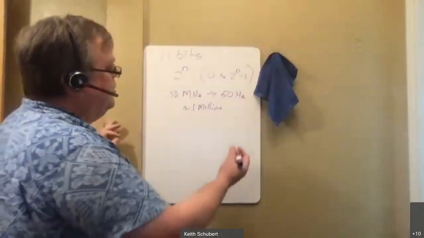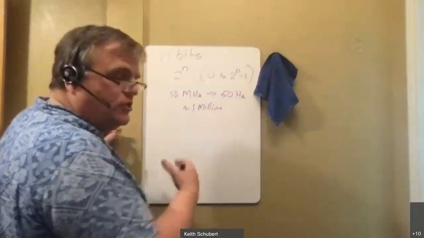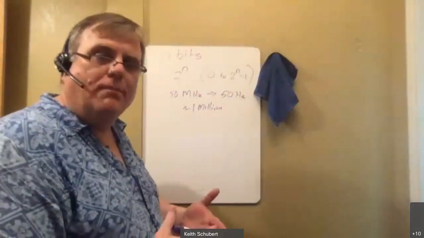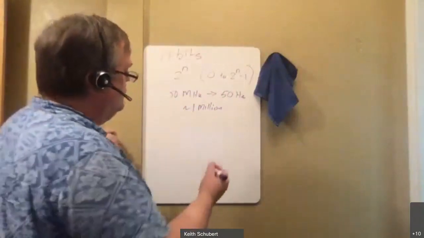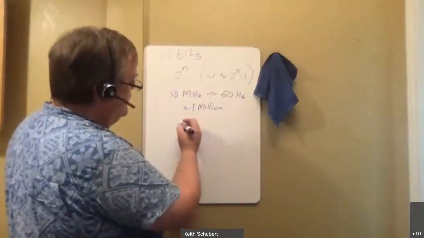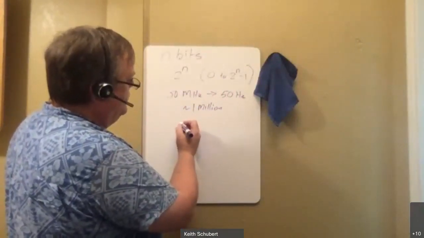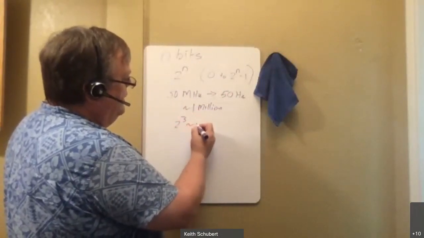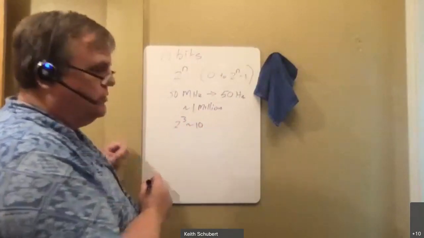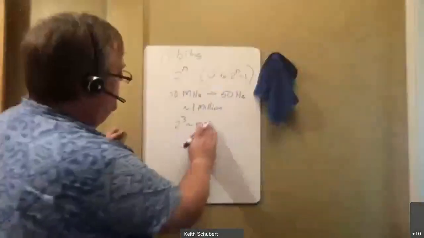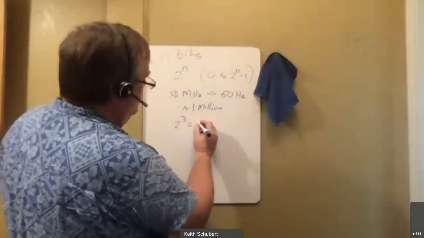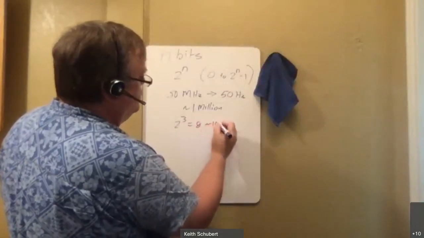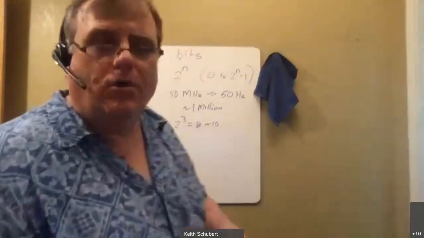And I could say, okay, well, how do I get millions? This is where we take advantage of some of the nice properties of binary numbers. I'm going to show you a couple of shortcuts that really help us with this. So 2 to the third is right around the number 10. It's the number 8 to be particular, 2 to the third equals 8, but we call this pretty close to 10 for our ballparking.